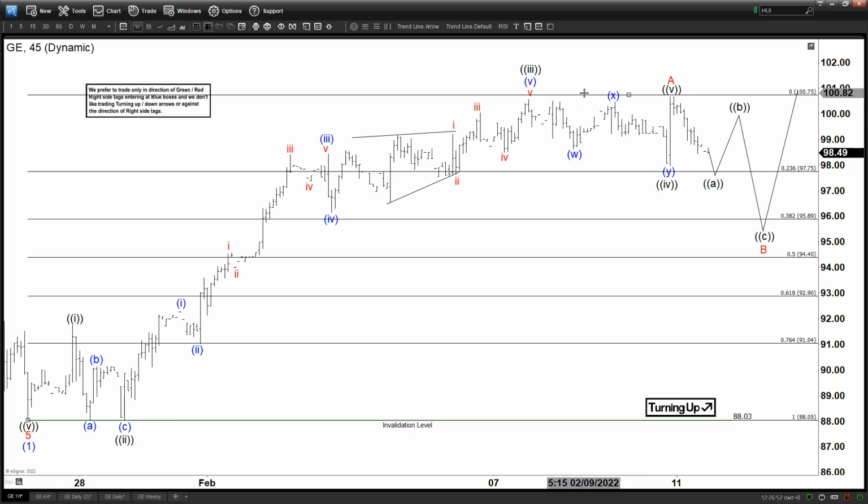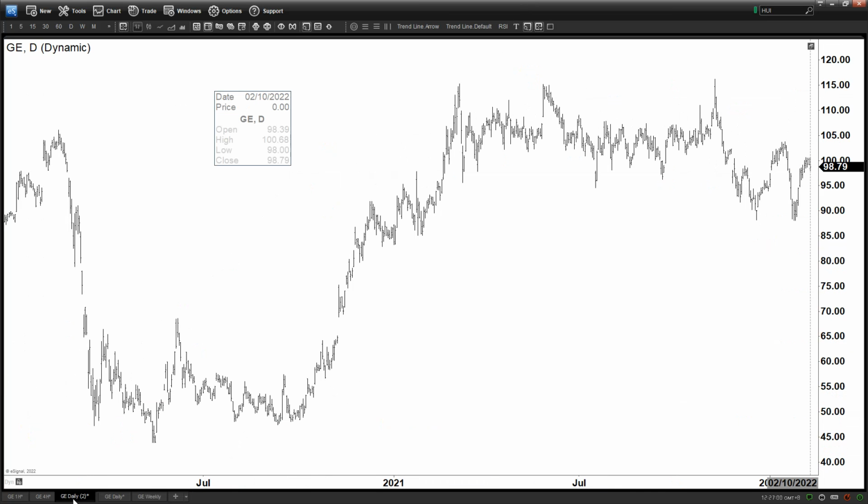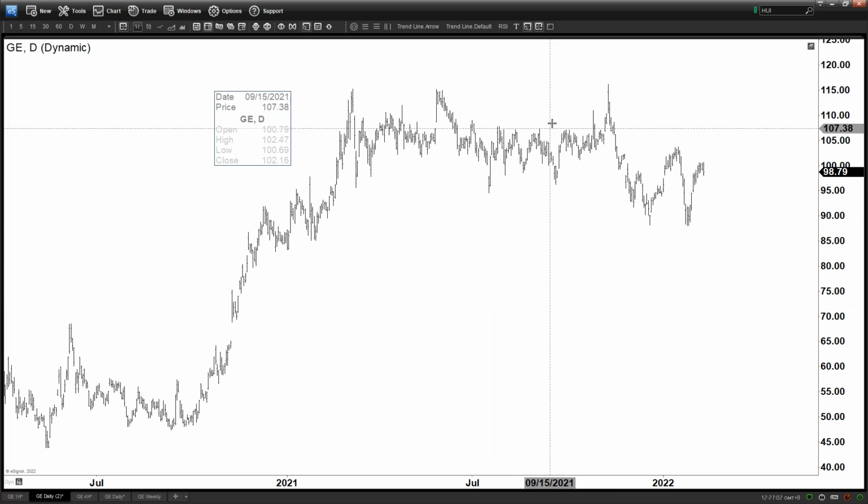Now the larger degree is a little bit complex, right? Here on the daily time frame, for example, if we look at it from this peak in November last year, we got what looks to be a lower low here. You can see this one breaks below this one. It's a lower low from this November 2021.